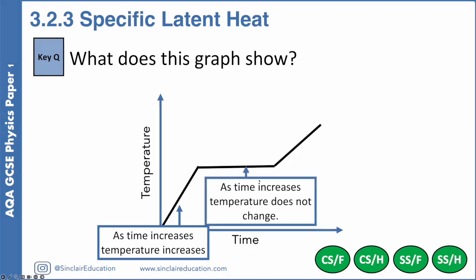But as we continue to heat, there'll be a period of time in which actually the temperature does not change. This flat line is when actually that energy is being used to change state. And so we won't, during that state change, see a change in temperature. However, once all that substance has changed state, provided we continue to heat, what we'll see is that temperature continues to increase again.